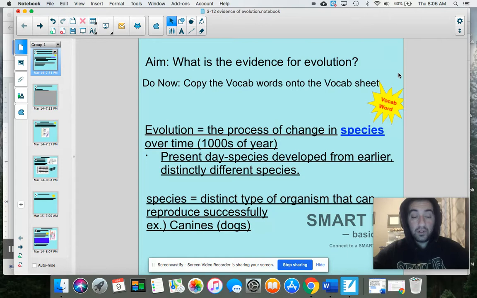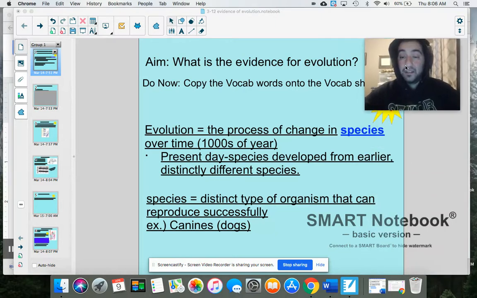And as a recap, a species is a distinct type of organism that can reproduce successfully. For example, canines, dogs, is an example of a species.